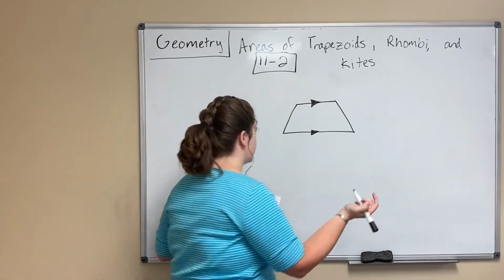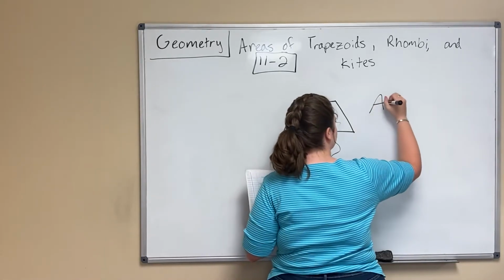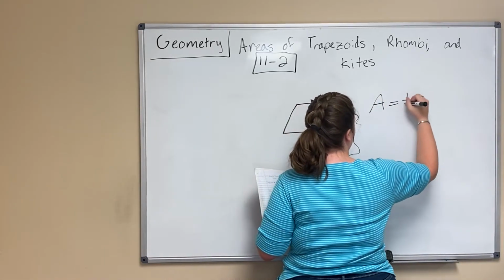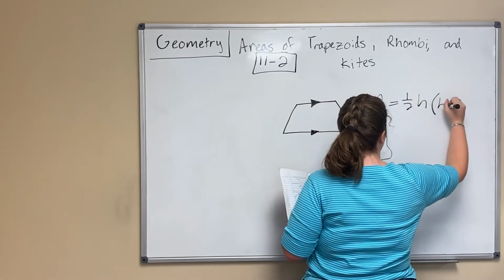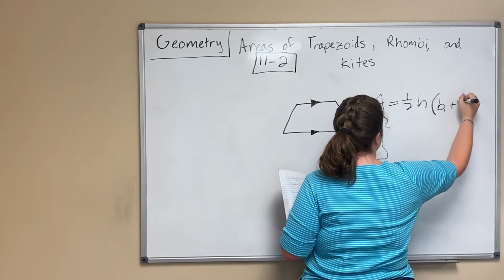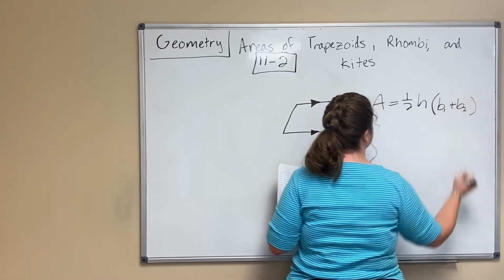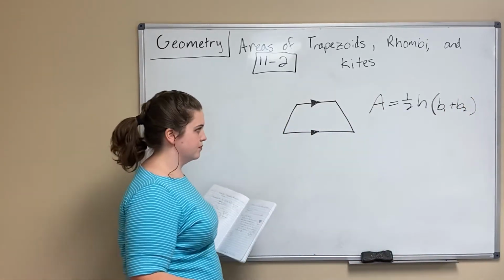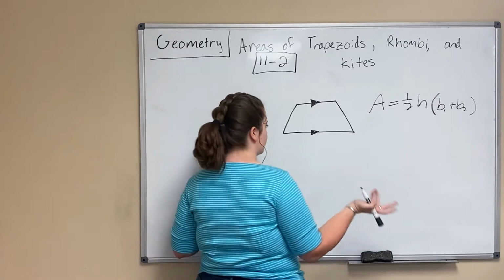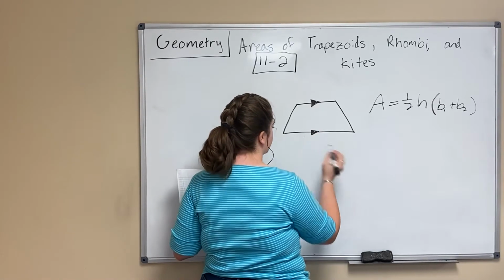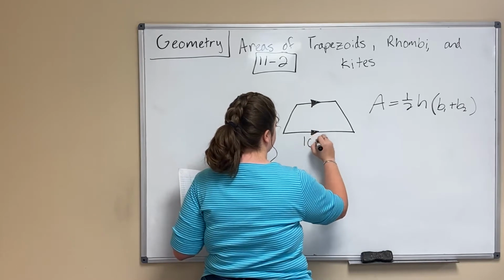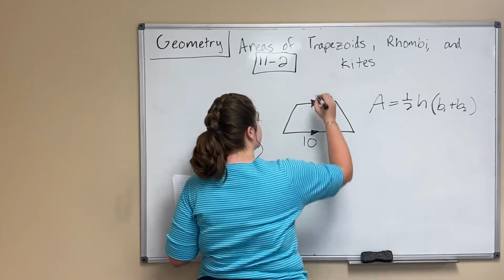So to find the area of a trapezoid, we take 1/2 the height and we multiply that by the lengths of the bases added together. So suppose this trapezoid was, let's just say it's 10 units.